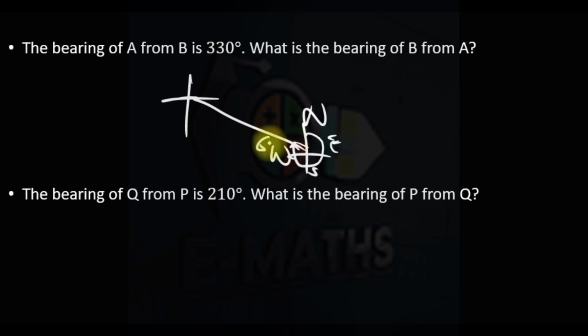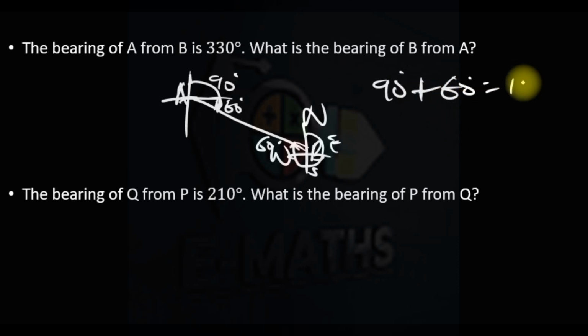So this is 60 degrees, so here is also 60 by the alternate angle theorem. What we are asked to find is the bearing of B from A. So this is A, this is B, and we are looking for this angle. As you can see, this is 90, so the answer is 90 plus 60, which is 150. So it's very easy.